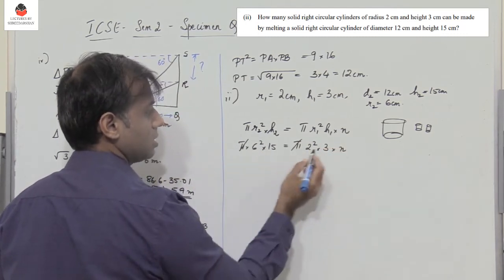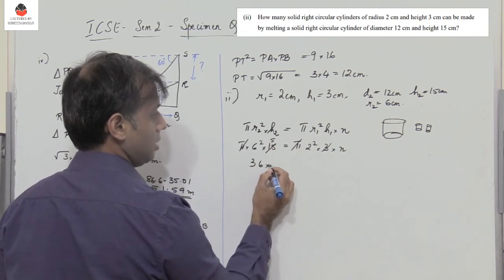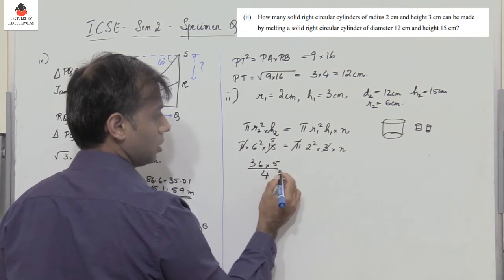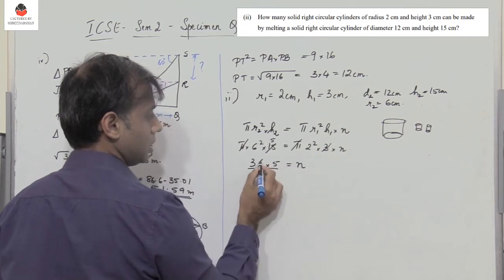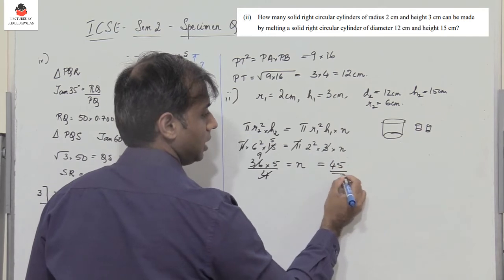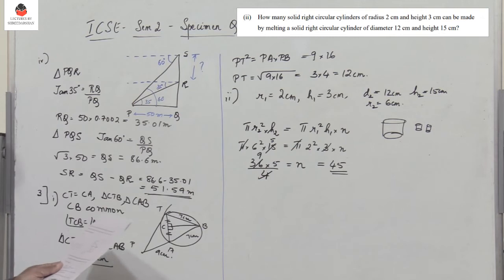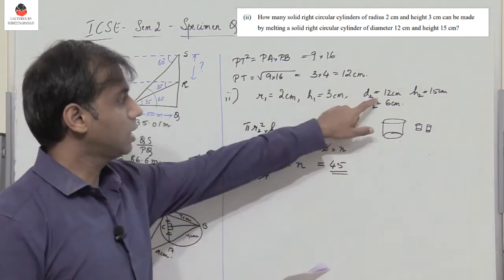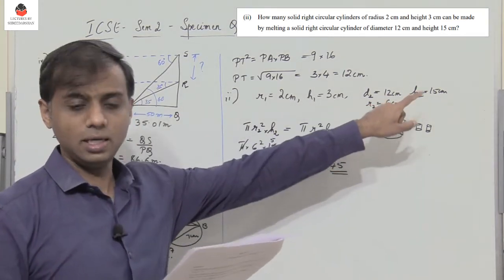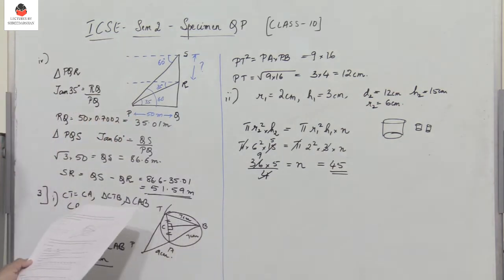So pi gets cancelled. 3 5s are 15. So you have 36 into 5 divided by 4 equals N. 9s are 9, into 5 is 45. Right? So 45 such smaller cylinders can be made by melting a solid right cylinder of diameter 12 centimeters and height 15 centimeters. So very easy question.